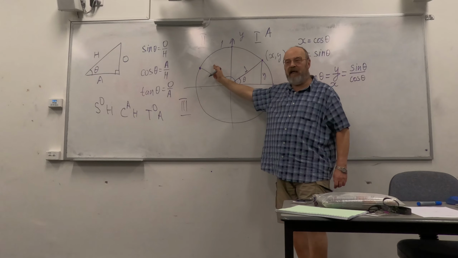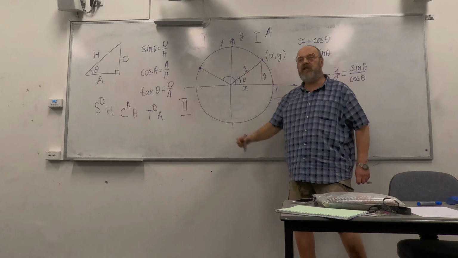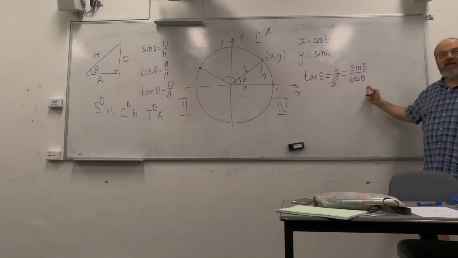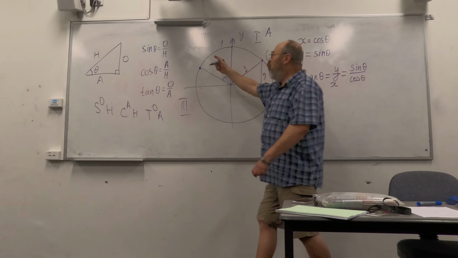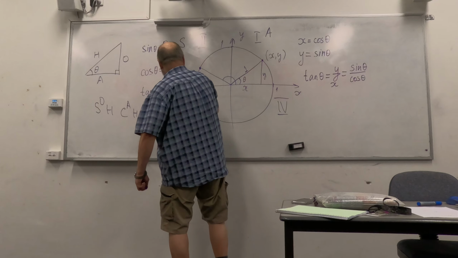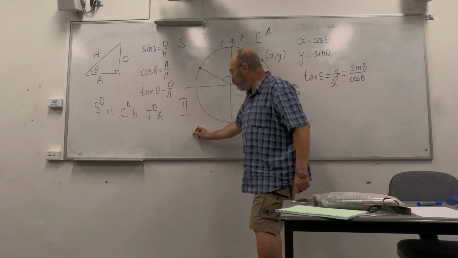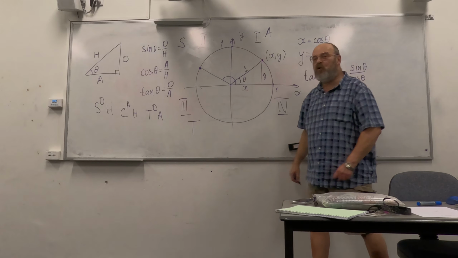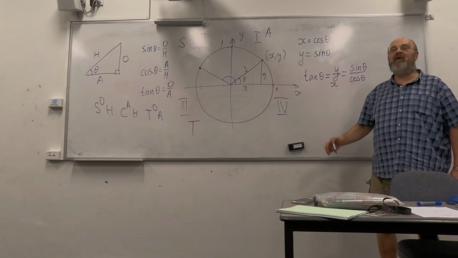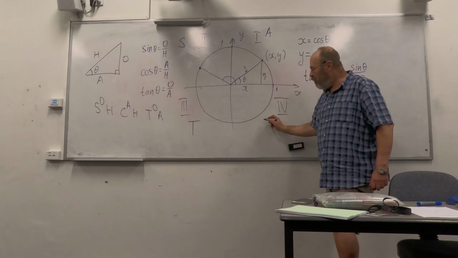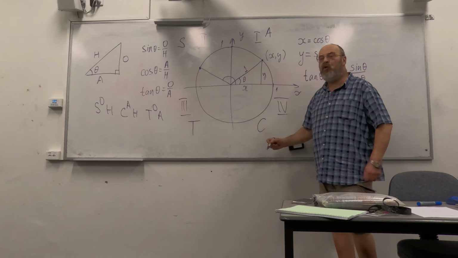So cos is negative, sine is positive, tan: we have positive over negative? Negative. So here only sine is positive. Here only tan is positive because both sine and cos are negative, but negative over negative is positive. And here only cos is positive.